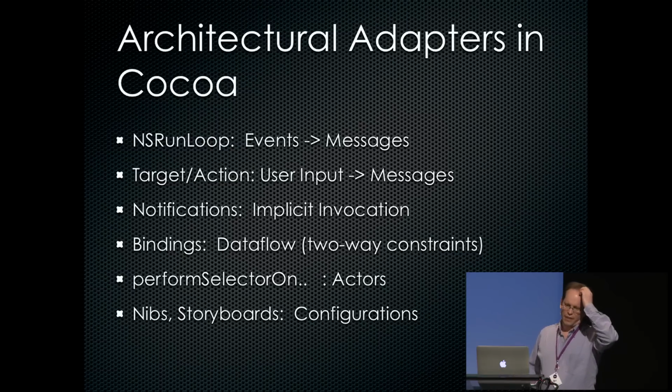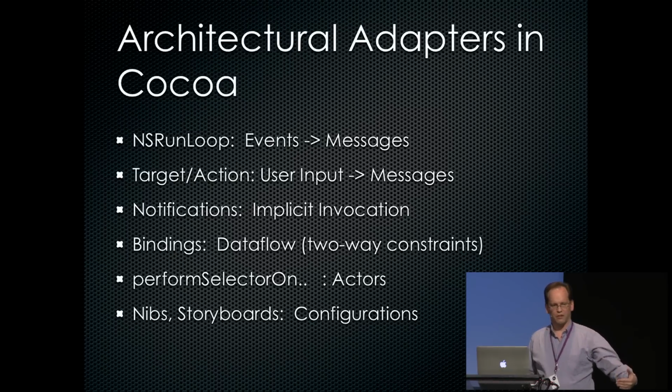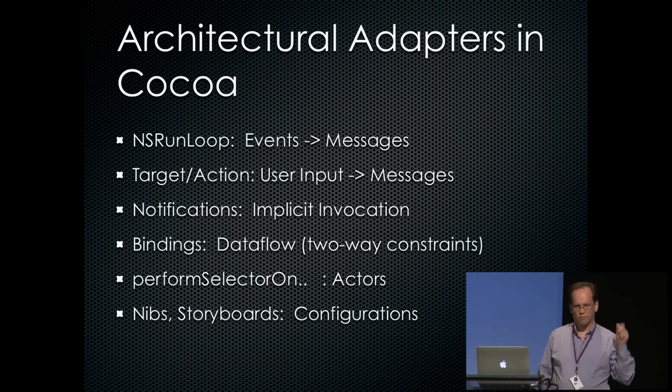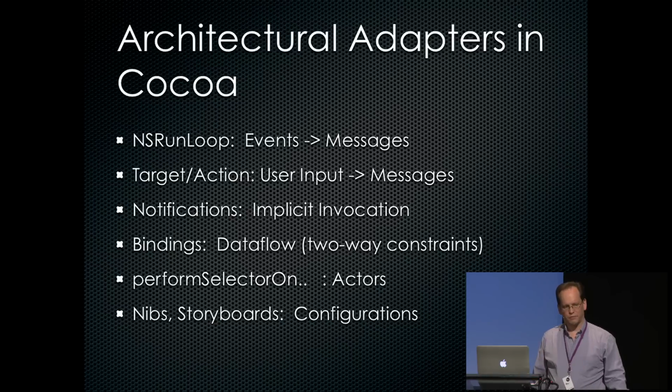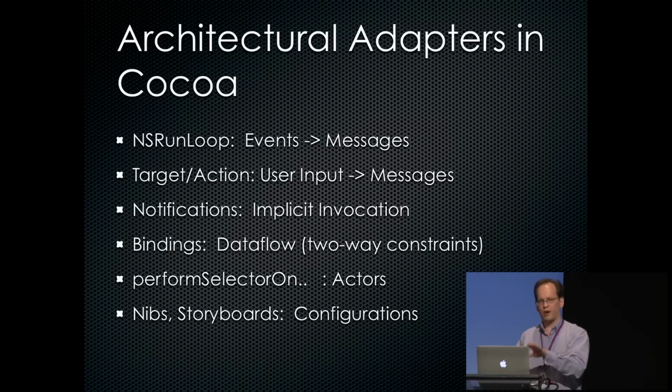So for example, NSRunLoop is an adapter, right? It takes events, right? Again, mouse moved, mouse was clicked, something happened. And it turns these into messages that are sent through the NS responder chain, right? And so despite the fact that you're dealing with events, you can just code with objects and messages, and you're fine, right? My favorite one is target action.